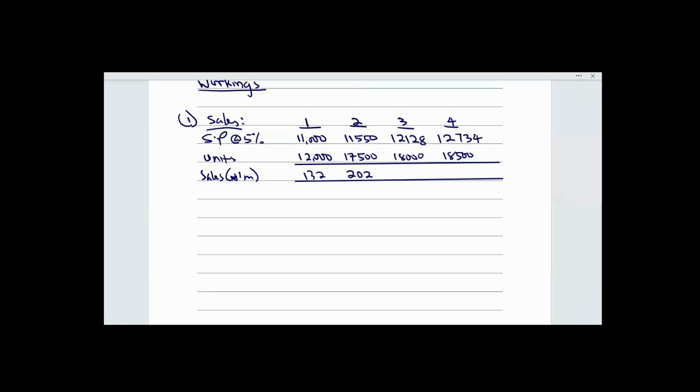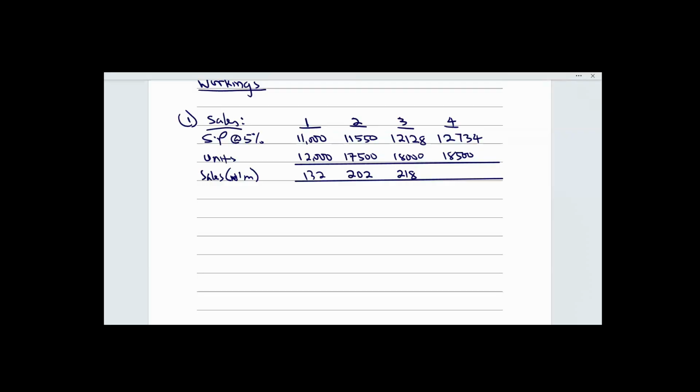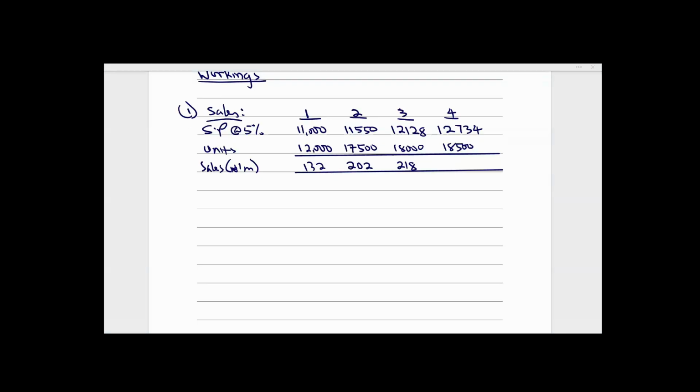Then year three is 12,128 multiplied by 18,000, that's 218 million. Next one, 12,734 multiplied by 18,500, that's 236 million. So this represents our sales.